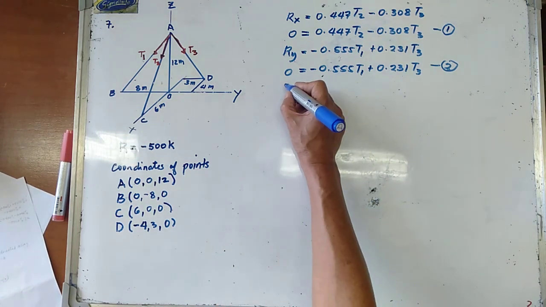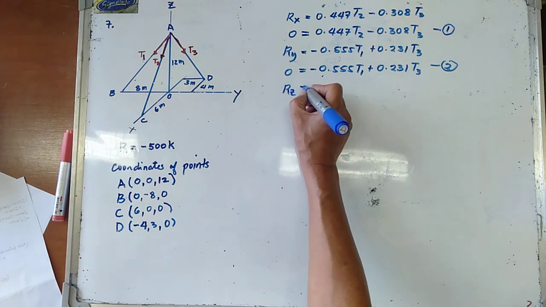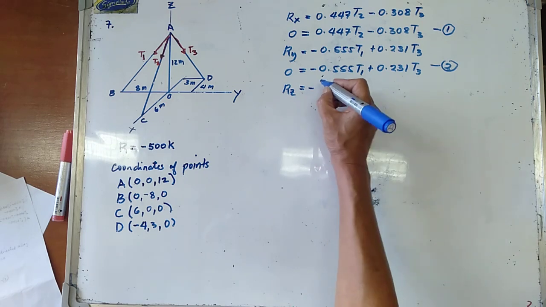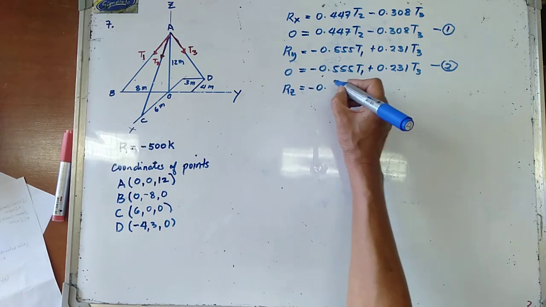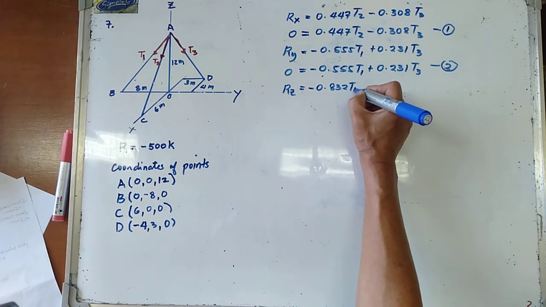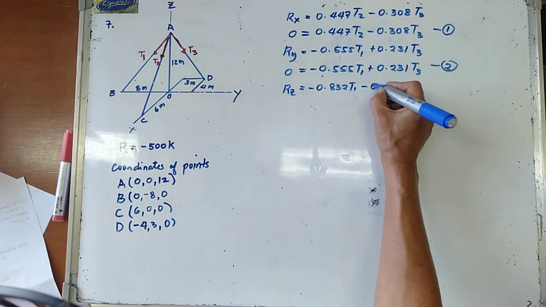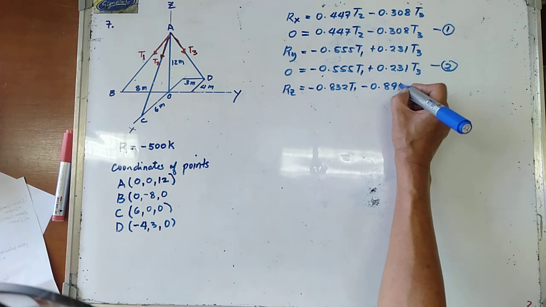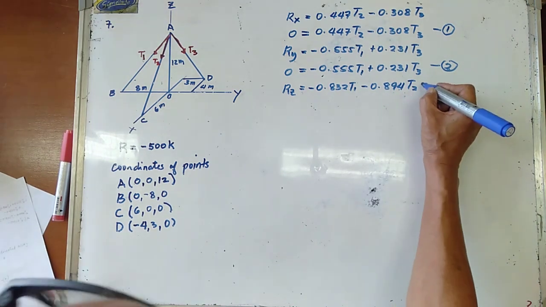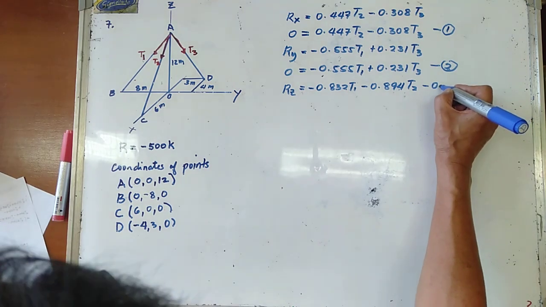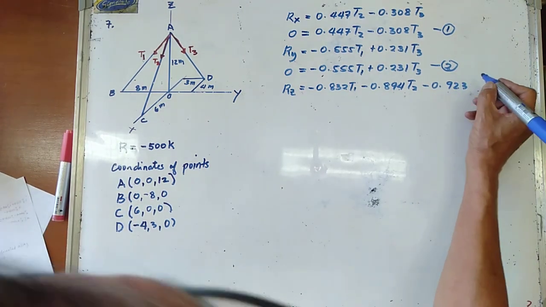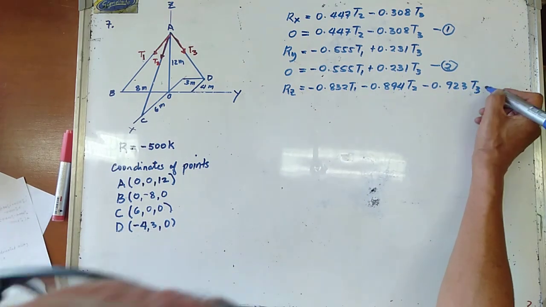And then your Rz is equal to negative 0.832 T1 minus 0.894 T2 minus 0.923 T3.